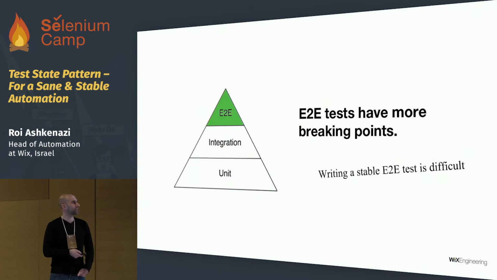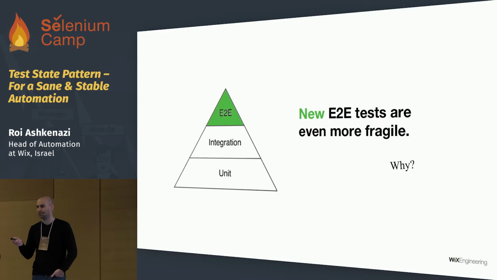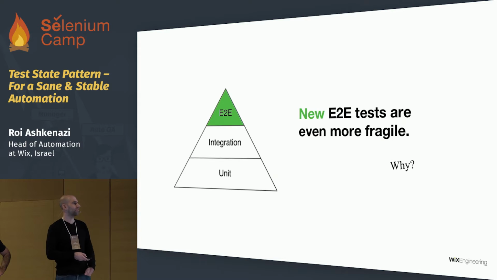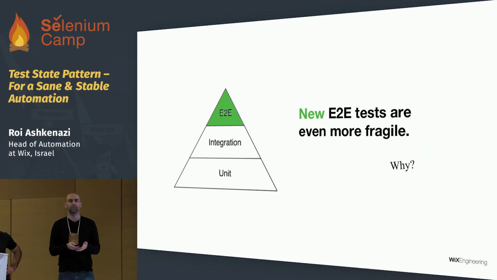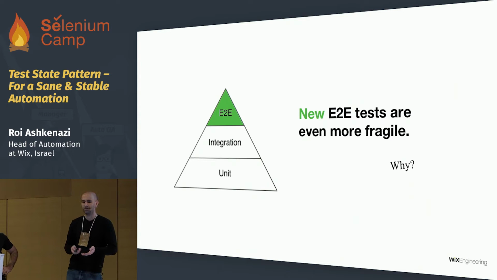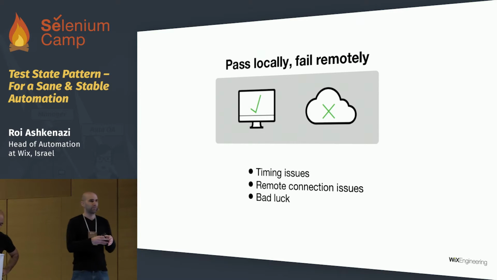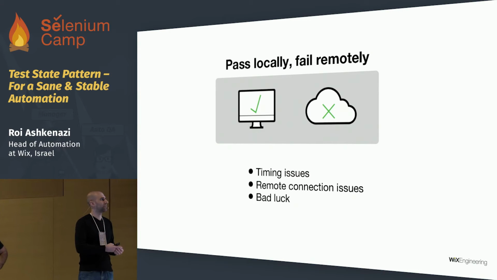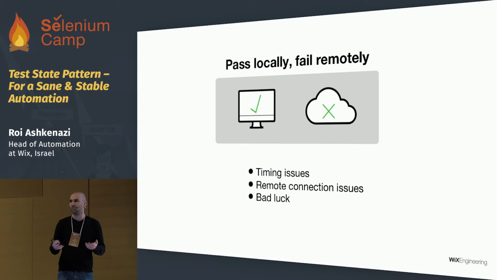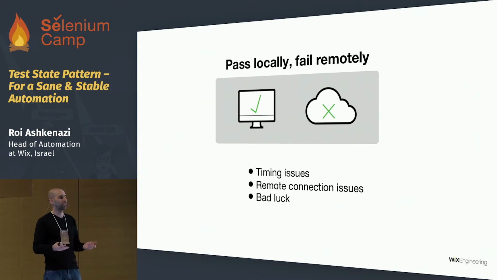Okay, so end-to-end tests have a lot of breaking points, and writing new ones is even much more difficult. And the reason is that we write a new test, and we check it on our local machine. And our local machine is, no, it's not remote, it's local. We have one browser, and we have a strong laptop, and everything is OK.